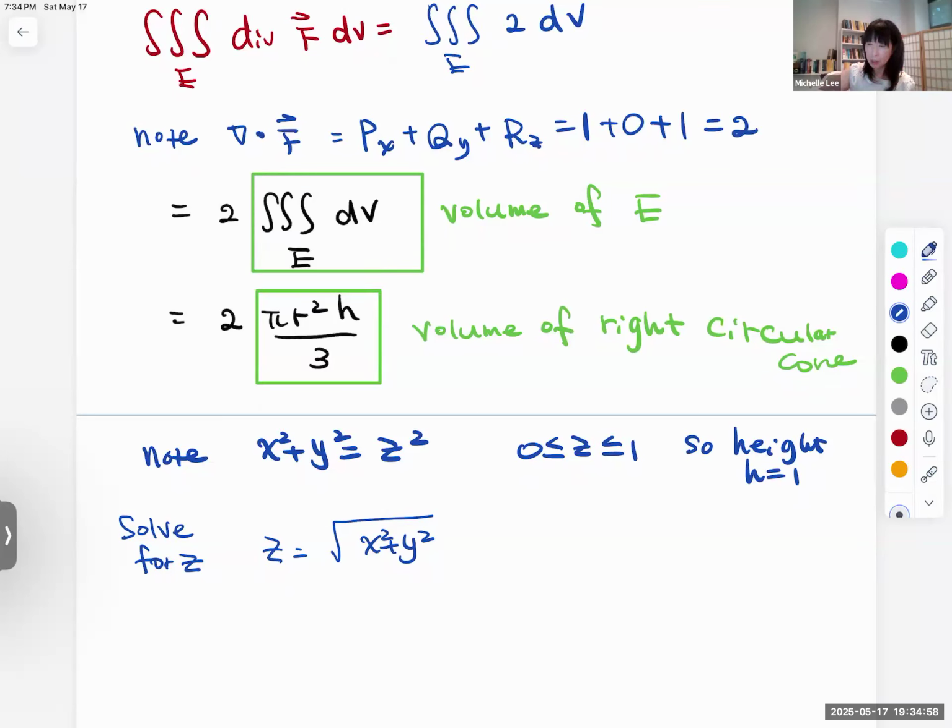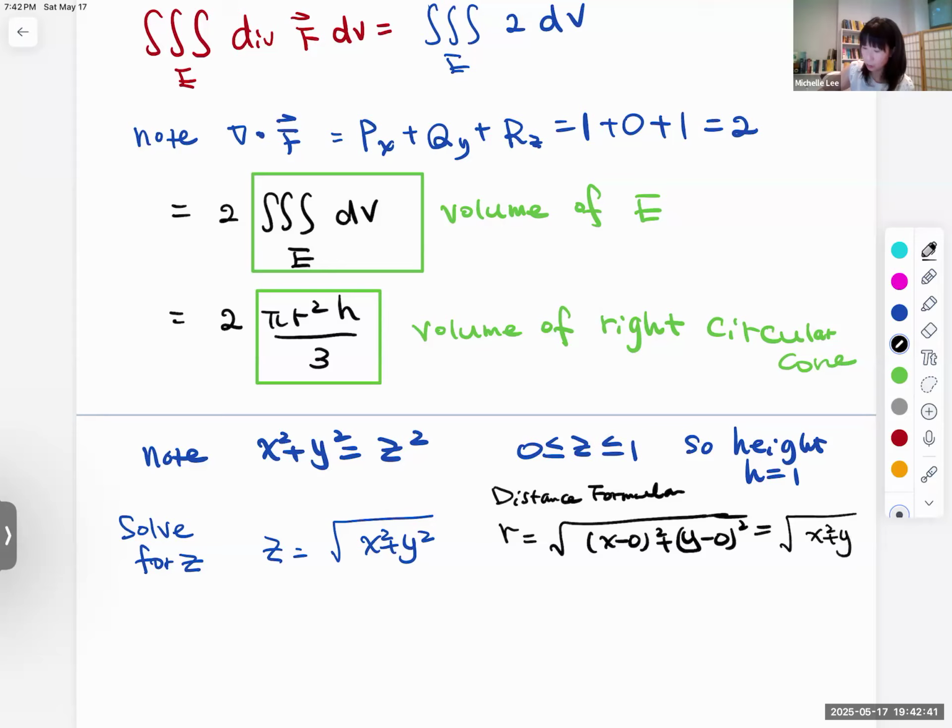That would be r. Using the distance formula, x minus 0 squared plus y minus 0 squared is the same as square root of x squared plus y squared, which we can express as r.